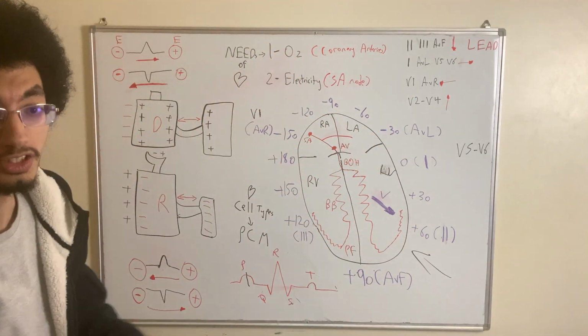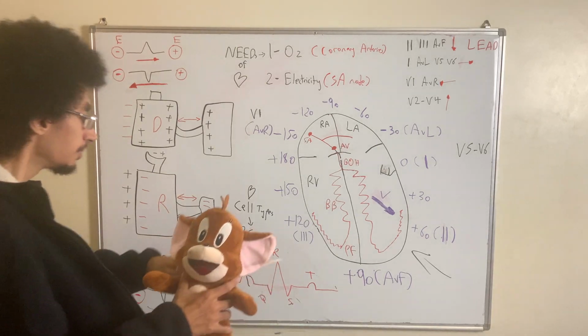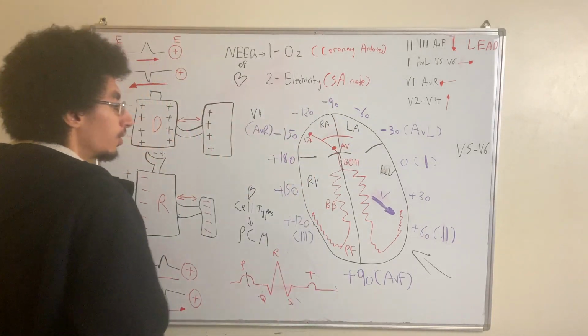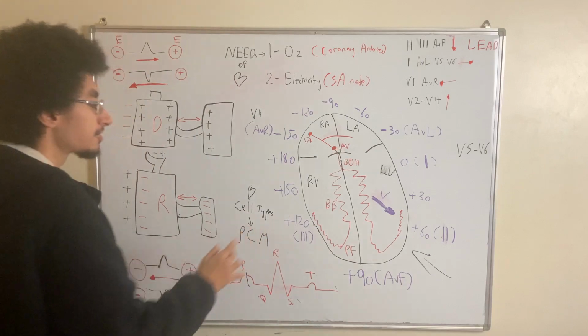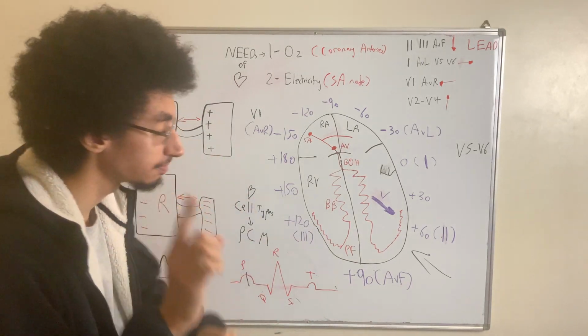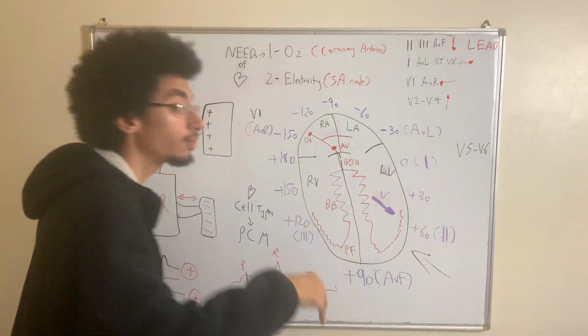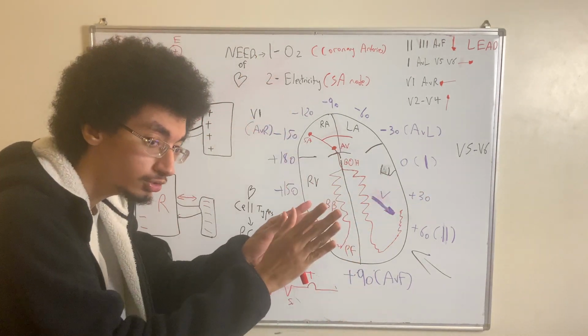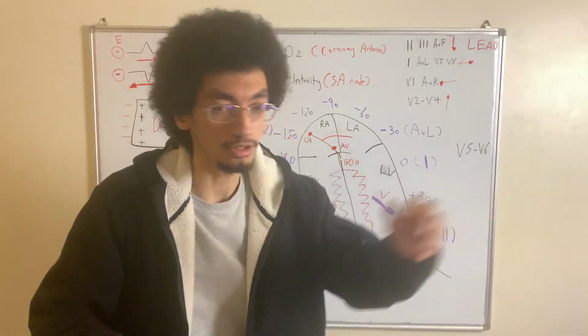To summarize, lead 2, AVF, and lead 3 are known collectively as the inferior leads. Lead 1, joining with 3 other leads that we will see shortly, are the lateral leads.